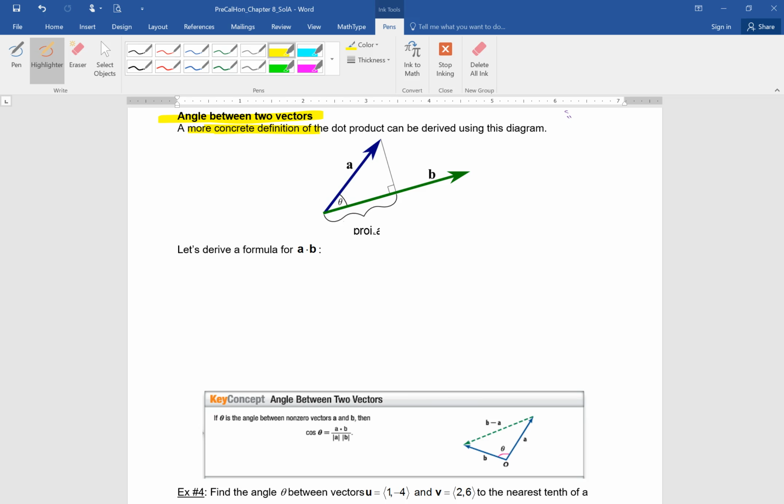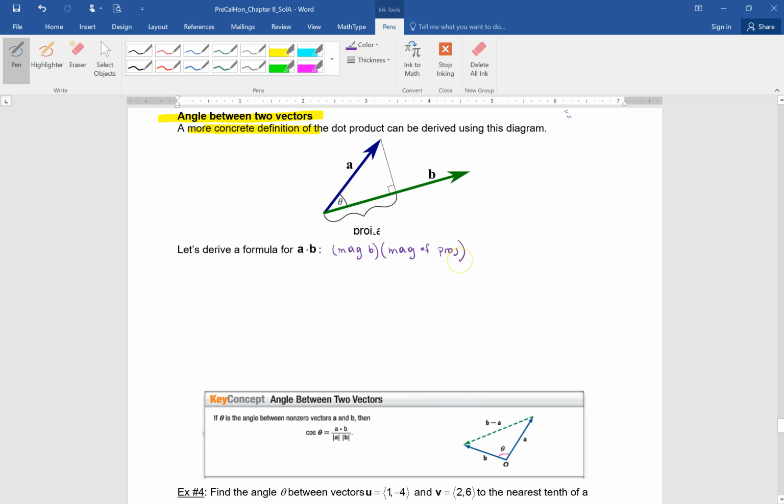Okay, so what is the dot product really? The dot product is the magnitude of B times the magnitude of the projection of A.